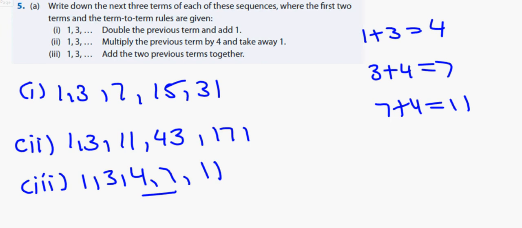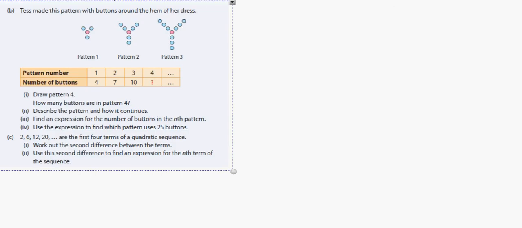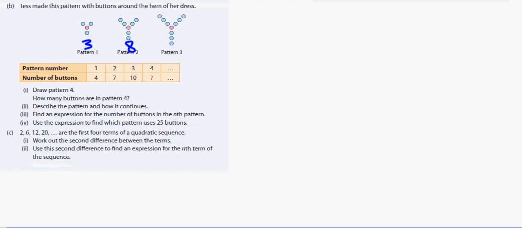Now, draw a pattern 4. So what we're seeing is the first one has 4.